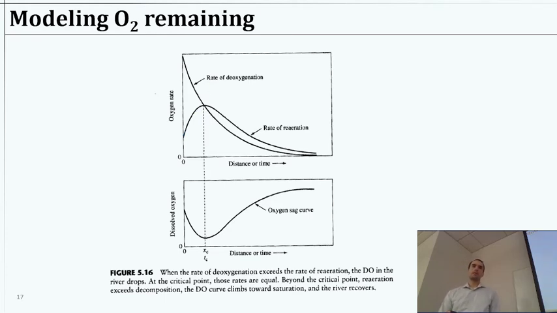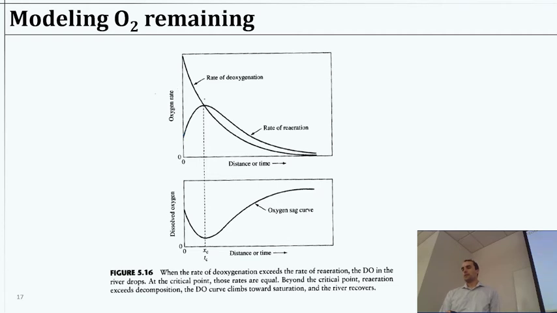If we take a look at our deoxygenation rate, essentially what we're doing is balancing the two to get our oxygen curve here. So the deoxygenation rate is in line with the removal of the biodegradable stuff, the TOC. And so that's decreasing over time and just continues decreasing until there's some new input of organic matter.